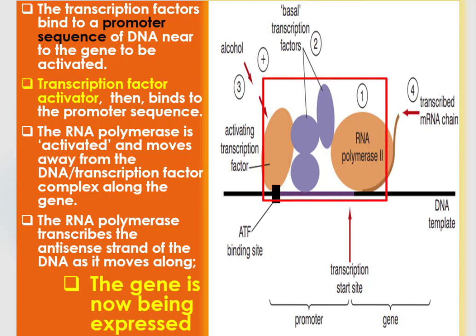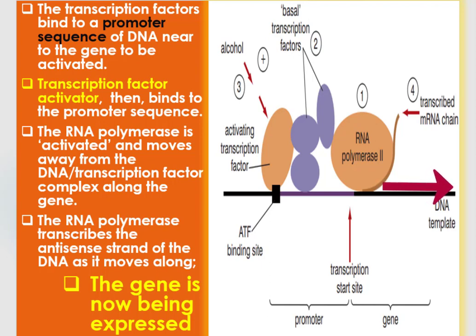When all this is placed on the promoter sequences, the transcription factor activator activates the basal transcription factor, and hence the basal transcription factor activates RNA polymerase. In this case, RNA polymerase moves away from the DNA and transcription factor complex along the gene. Then the RNA polymerase transcribes the antisense strand of the DNA as it moves along the gene. At this moment, the gene is being expressed.